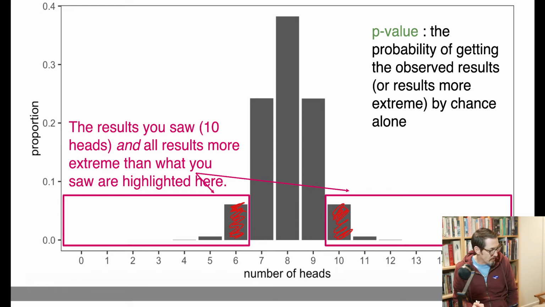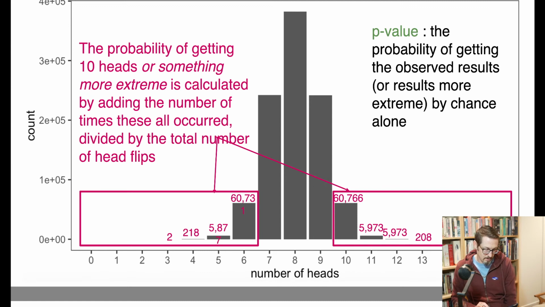And we're also going to ask, what's the probability of everything else that's out here? Okay. So we're going to take all those probabilities and add them all up. So these are the total numbers of flips: 60,000, 5,000, 2 out here on the 14, right?